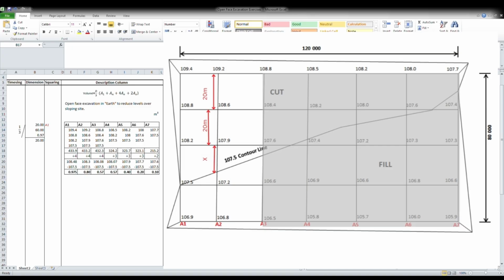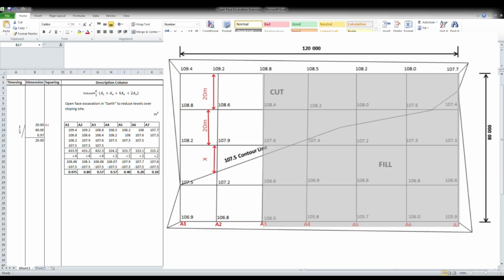Okay, so now we need to determine the length for A2, because it's not as straightforward as A1. So we know that between 109.2 and 108.6, we have 20 meters. Between 108.6 and 107.9, we have 20 meters.